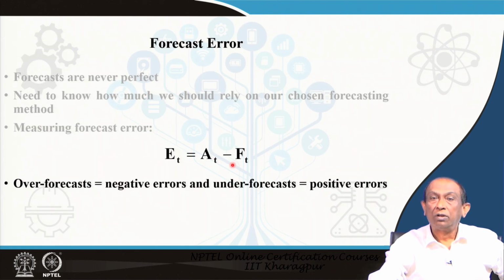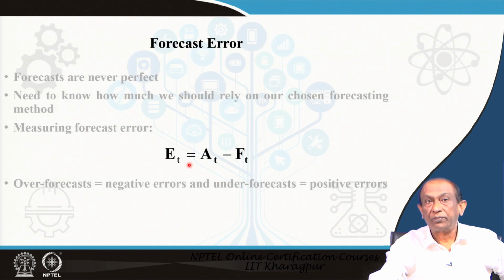Now, if this value Et comes out to be negative, that means it is a negative error, then it implies that we have over forecast, and if Et comes out to be positive, then the forecast is basically an under forecast.